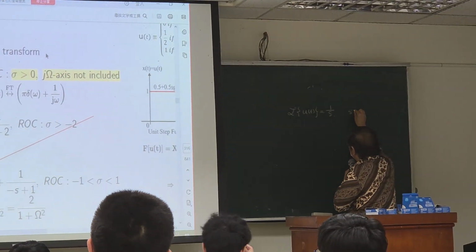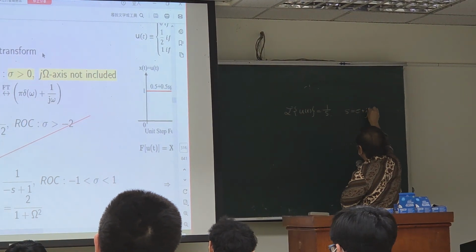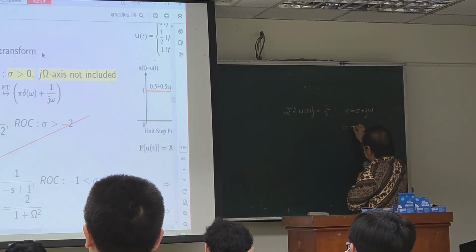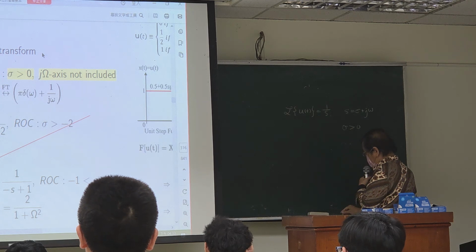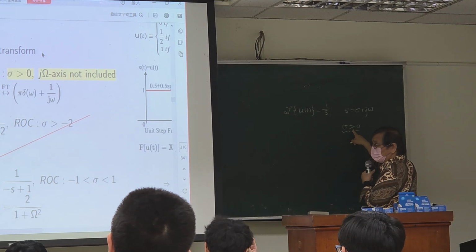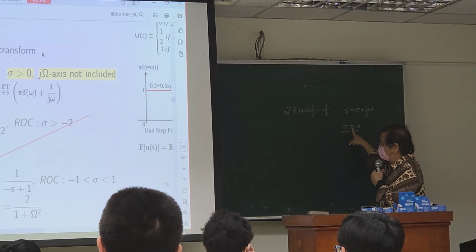Suppose s equals sigma plus j times omega. The sigma must be strictly positive, does not contain zero. No equal sign here.